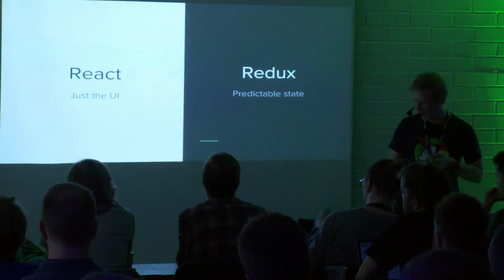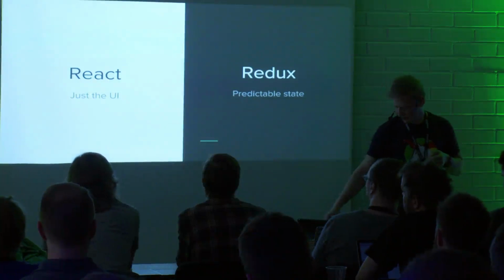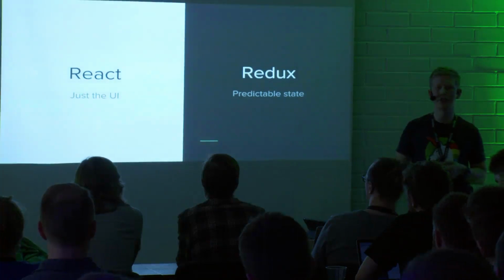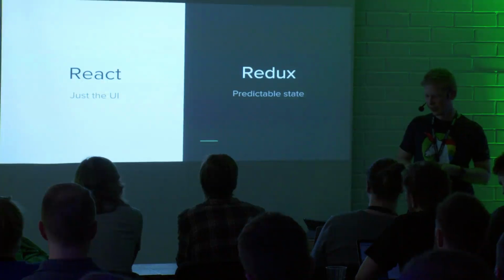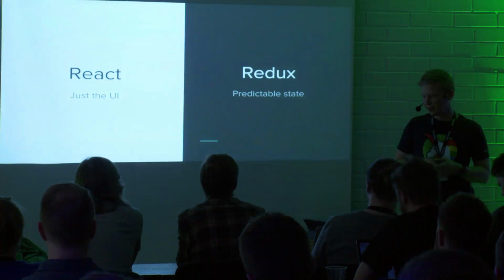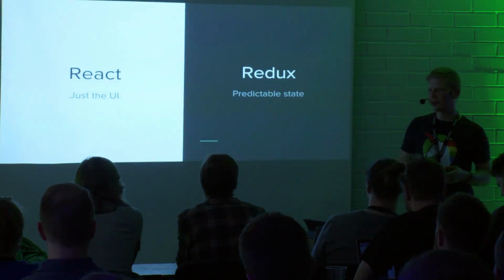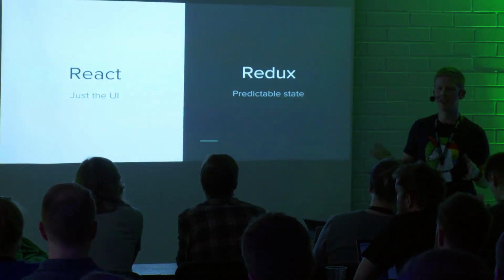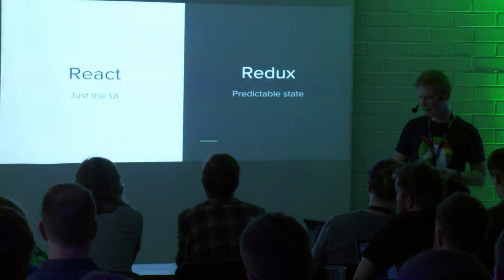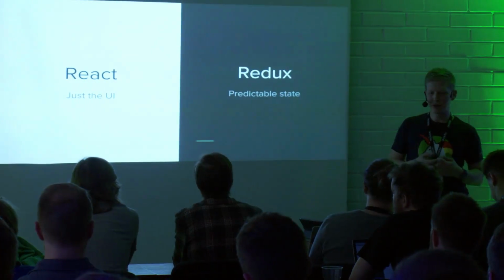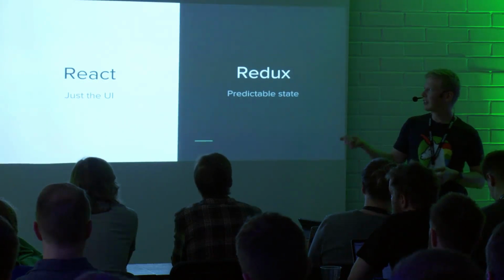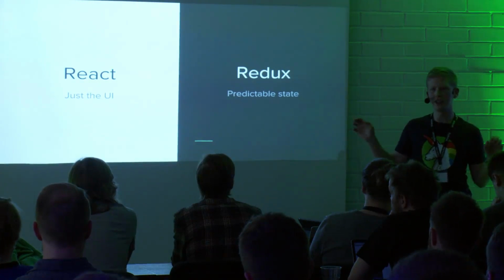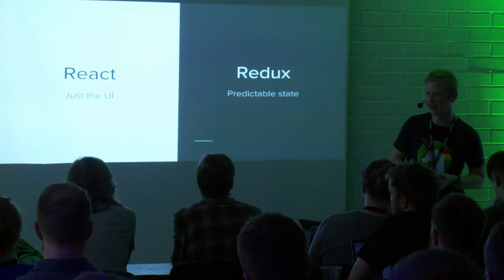So let's fast forward a few years. React brought this nice functional way of thinking about UIs. Especially, as Jukka mentioned, they brought the easily composable view components and everything was good, but as they say on the site, it's just the UI, so it's like just the V in MVC if you think about it like that.